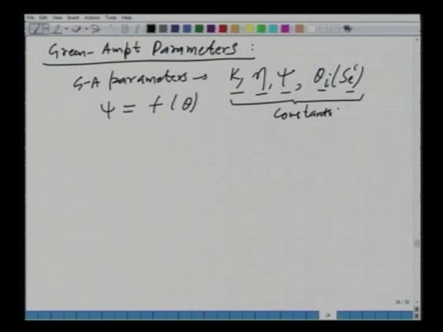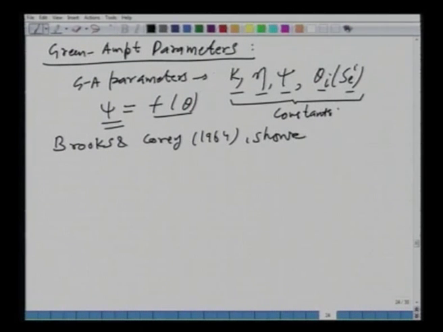So, psi is a function of theta, and many people have tried to work on this relationship, and one of them is Brooks and Corey. In 1964, they showed that both psi and k can be derived as a function of the soil moisture content.